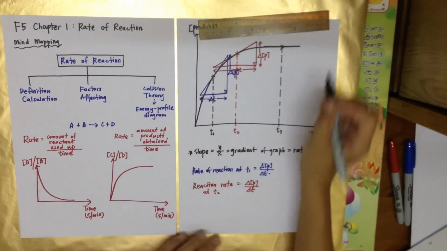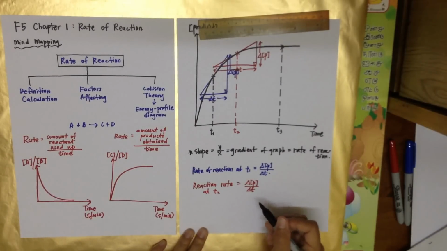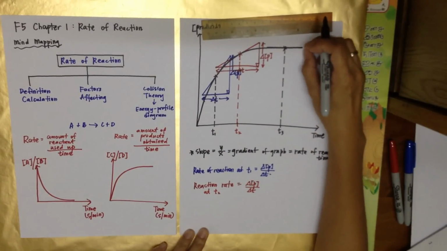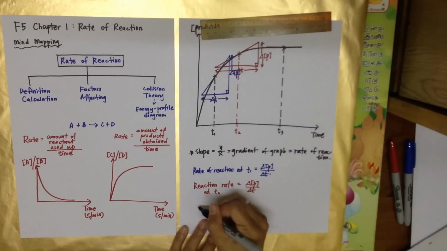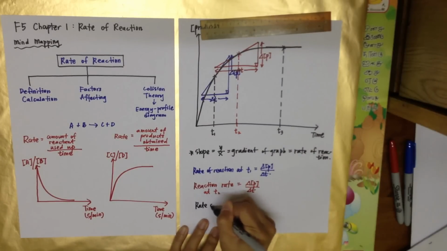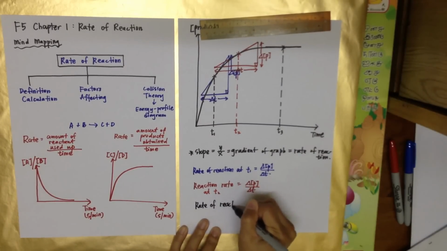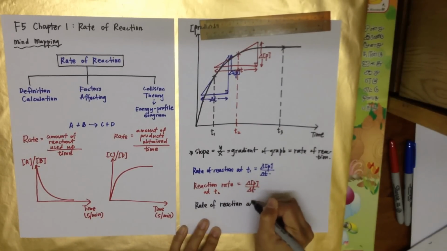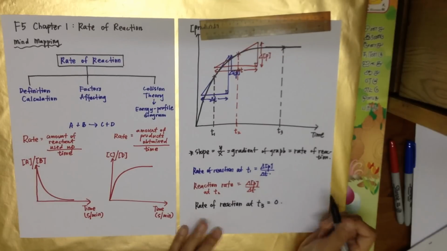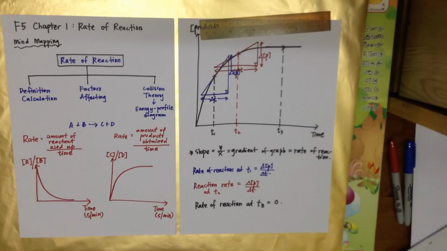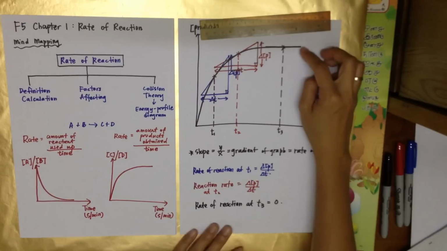And from this line, students will know that there is no change in the product concentration, although there is a change in time. And hence, the rate of reaction at T3 equals 0, because it gives us a 0 gradient.